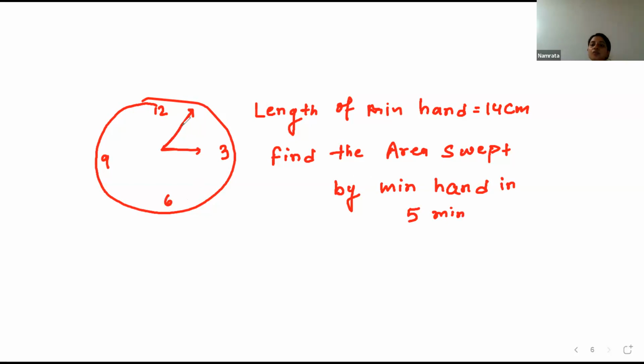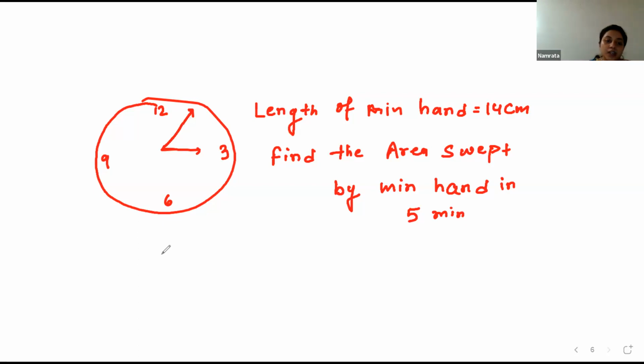So as we know, if the minute hand is making one complete revolution, that is in 1 hour, right? Can we say? Yes. Do you know that? The minute hand is making one complete revolution in 1 hour. So here, angle swept by the minute hand in 1 hour is 360 degree, we can say, right?